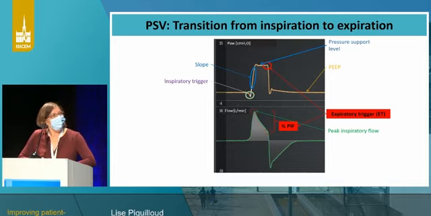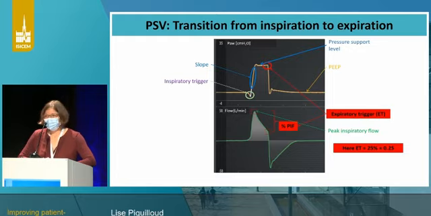And this can be set on the ventilator. In this picture, it's the default value, which is the physiological one of 25%, 1/4 of the max.